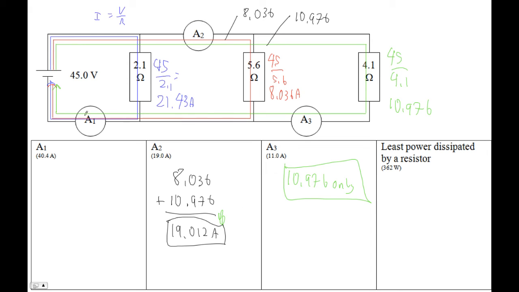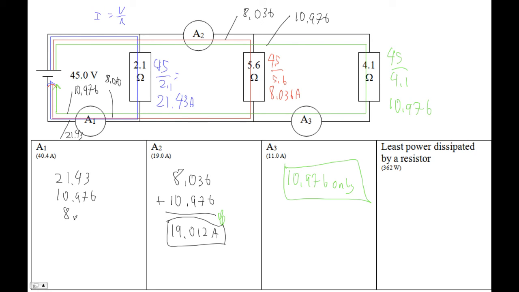Ta-da. And then this guy, of course, is going to read all three of those currents, right? So the green one is 10.976. The red one is 8.036. And the blue one is our whopping 21.43. So let's add all those up.